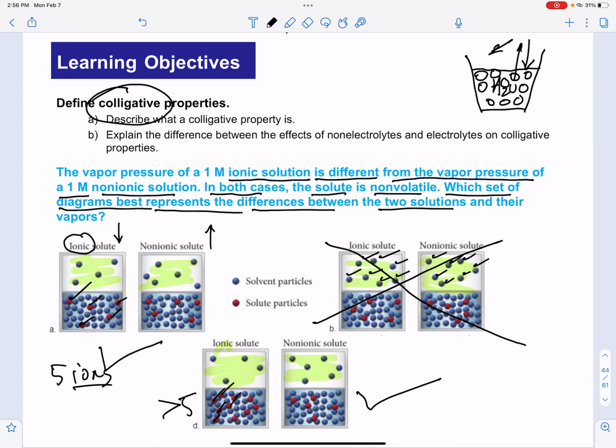Let's check the non-ionic. 1, 2, 3, 4, 5. Okay, so we're keeping constant the number of particles, and by keeping constant the number of particles, we can definitely say the ionic is going to be lower.